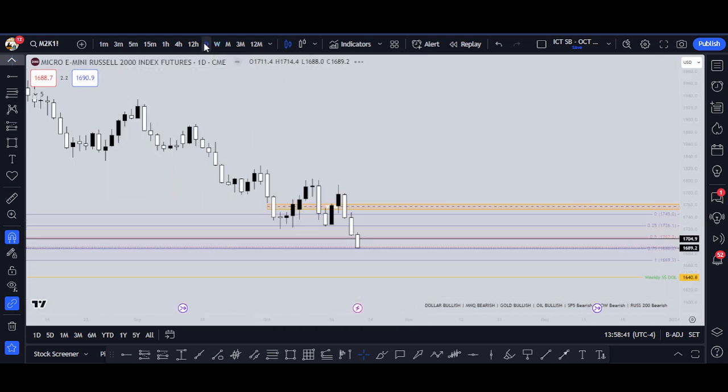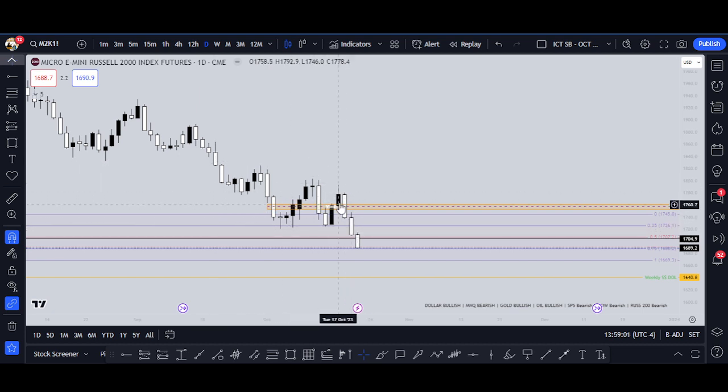Let's take a look at the daily, see if we can find a reason for it to come up before pushing down. We have a FEG here, implied FEG. We have swing highs here as well. FEGs here. All right.